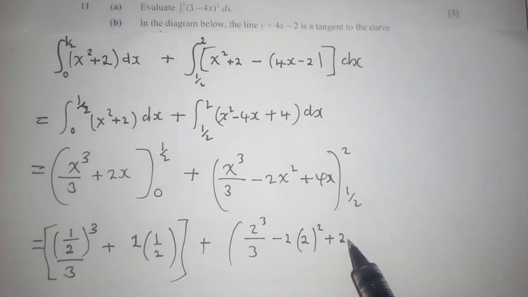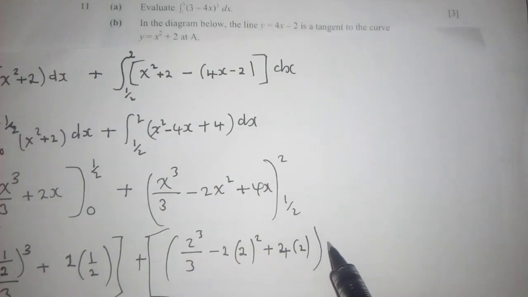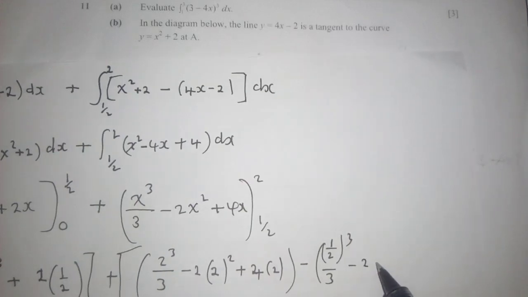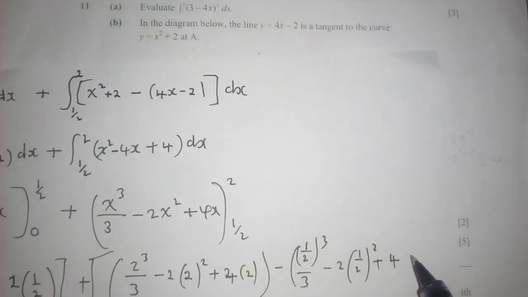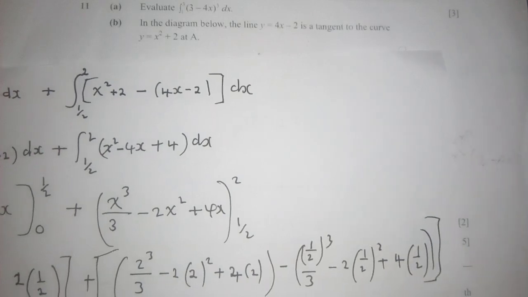We put a 2 right here. So this is what we have. And then minus, we also put this right here, over 3 minus 2, 1 over 2 squared plus 4, 1 over 2. So we have this.